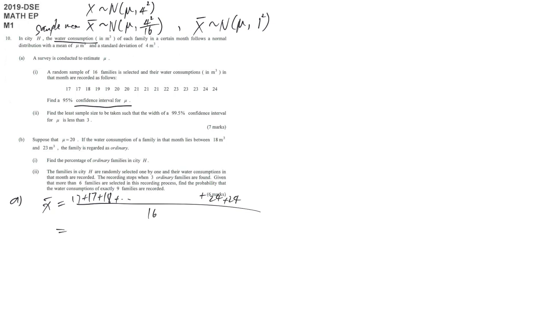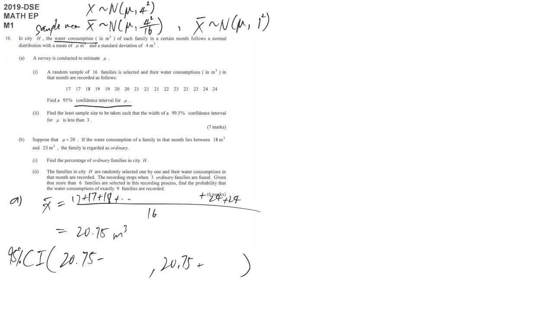We get the sample mean is 20.75. After that, we are going to construct our interval estimation. Because one point is not accurate enough, that's why we need our 95% confidence interval. Our starting point is 20.75 minus something and 20.75 plus something.